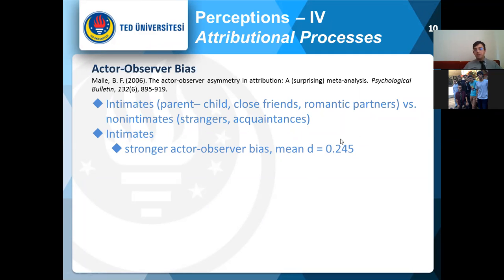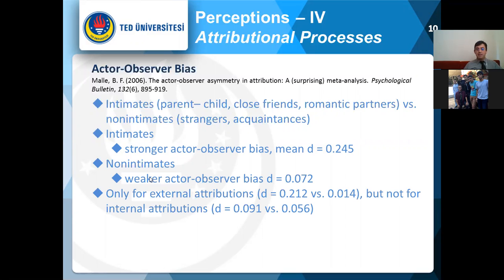This is, remember, a small to medium effect size. It means there is a considerable amount of actor-observer bias in relationships of intimates, whereas for non-intimates, we have very weak actor-observer bias. So knowing each other more is not a guarantee against it. Even though we are intimate partners, we might have stronger actor-observer biases.